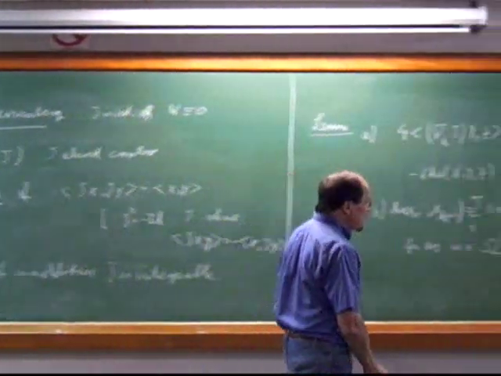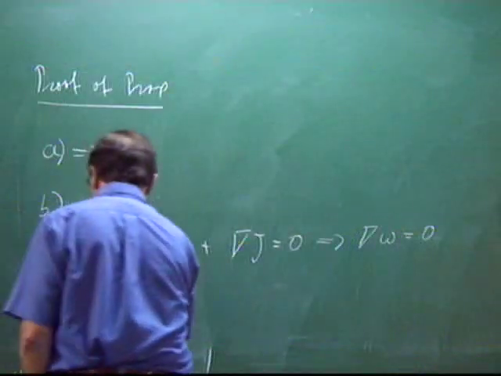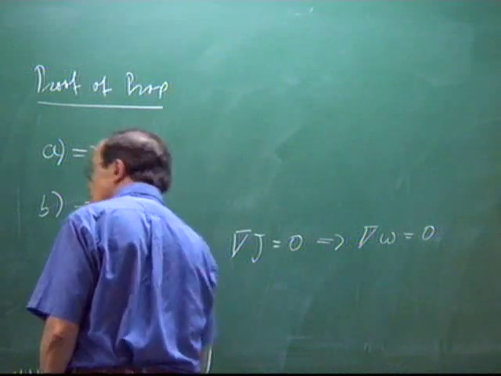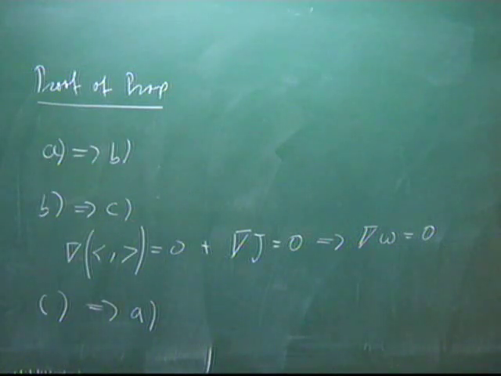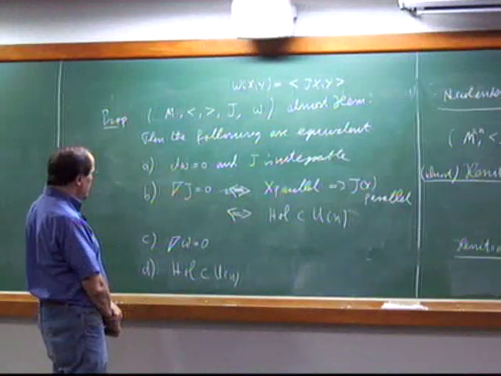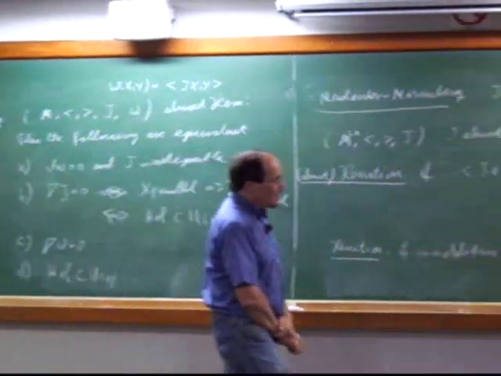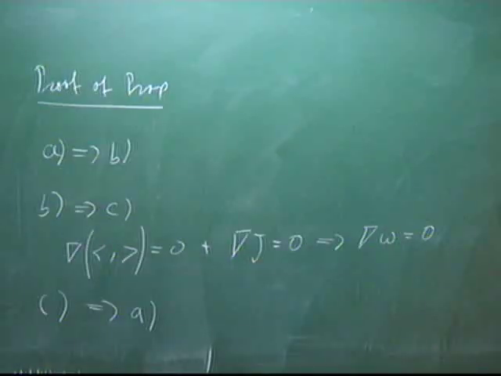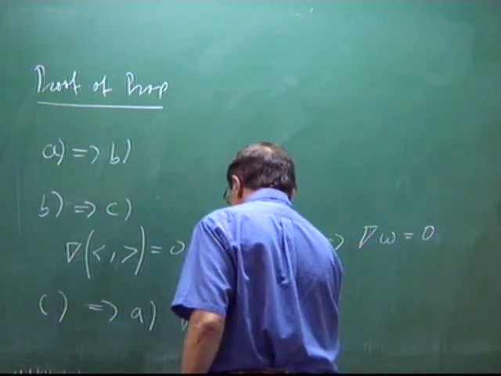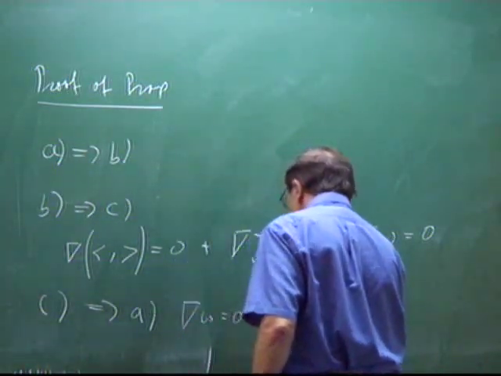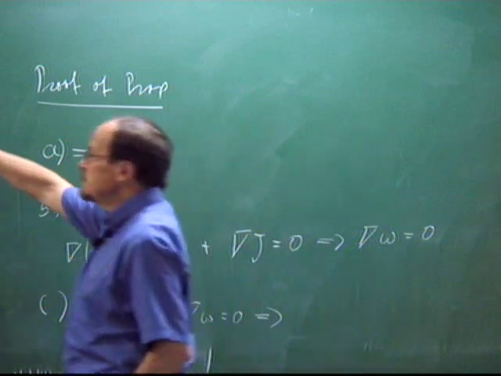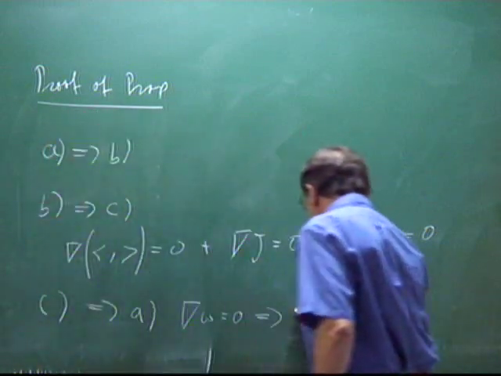Let's do C implies A. So C is nabla omega is 0. So that's our lemma also, right? So nabla omega is equal to 0 implies, by this formula here, d omega is 0.